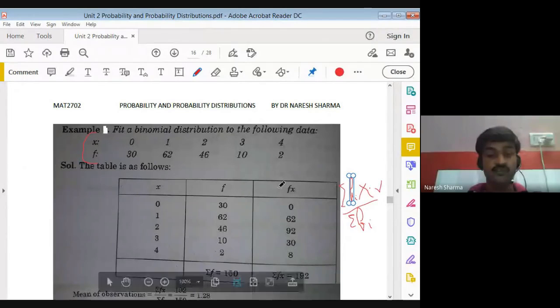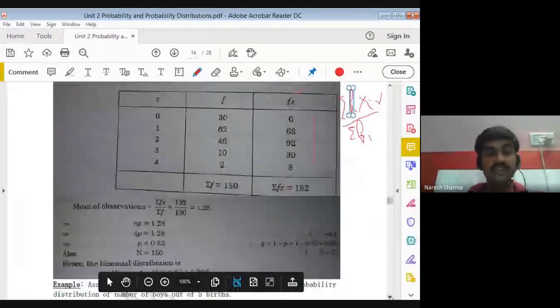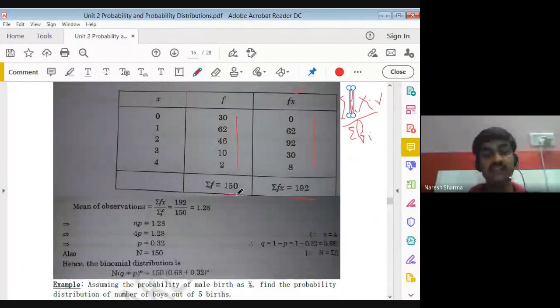So frequency is given, x is given, just use f into x. Multiply 0 into 30 is 0, 62 into 1 is 62, 46 into 2 is 92, 10 into 3 is 30, 2 into 4 is 8. Once you add these, that is 192, and we know the total frequency by adding these is 150. So 192 divided by 150 is 1.28.